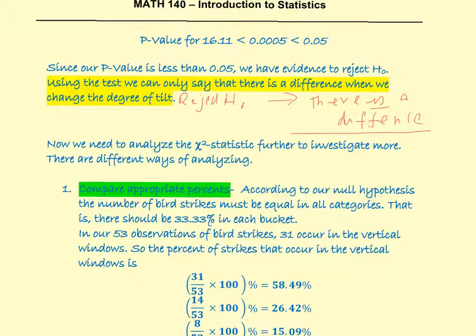Now, one way of analyzing the numbers that we have to make further conclusions that the chi-squared test will not allow us to do is to go back and look at the observed percentages as compared to the expected percentages. So first we calculate the percent of bird strikes in each category, and we do that for the observed values and the expected values.